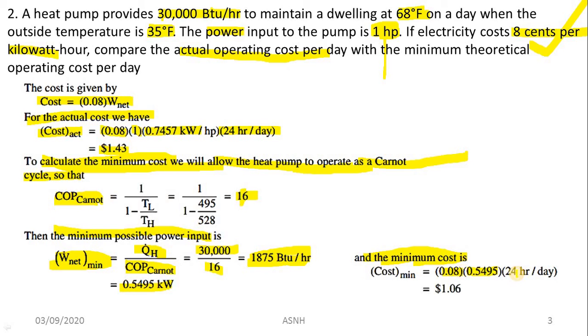If you calculate for 24 hours per day, by multiplication you will get the answer, that is 1.06. So this is the minimum cost.